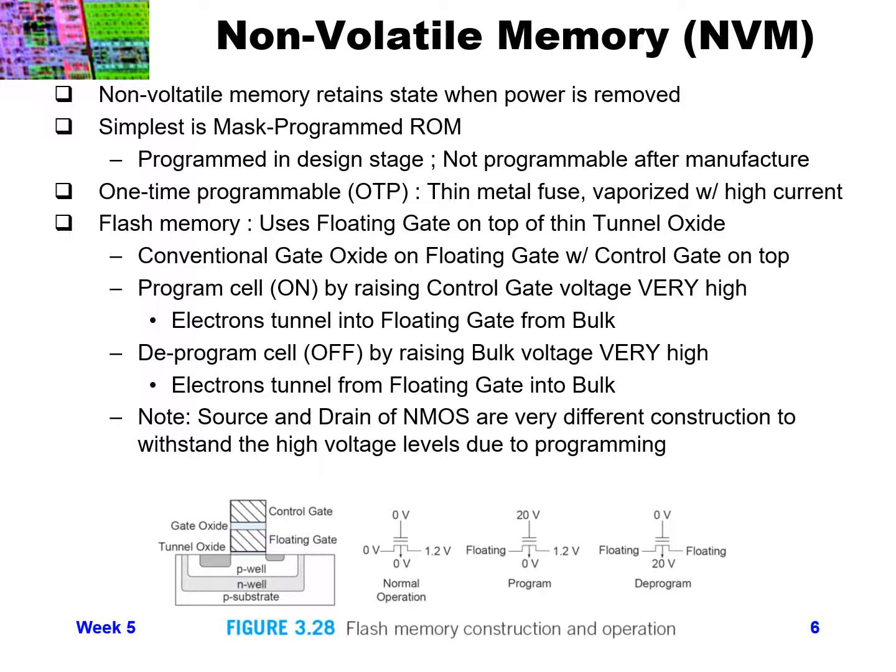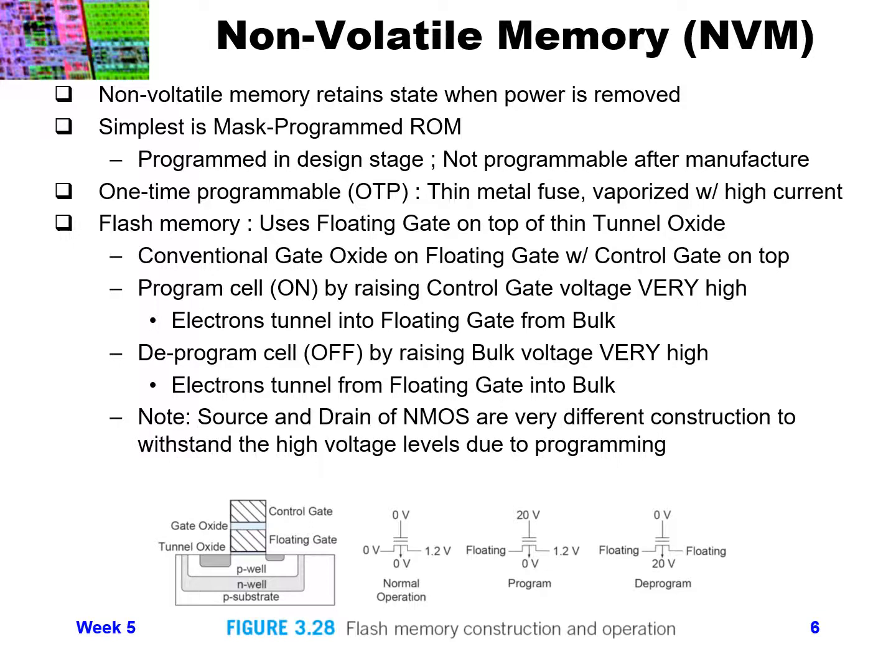Something that's come into play more recently and is kind of the most useful non-volatile memory that we currently use is flash memory. And so this uses, it's shown in the figure below, where you effectively have a floating gate on top of a thin tunnel oxide.